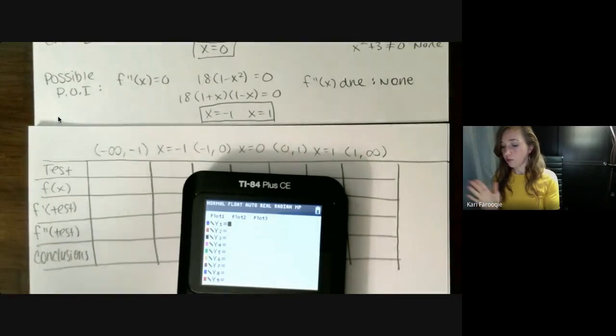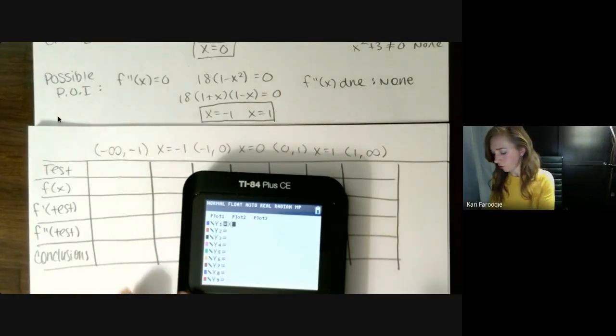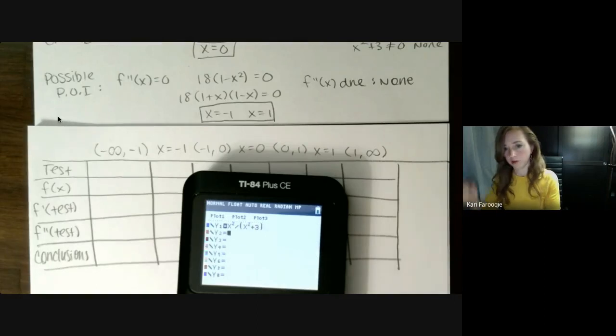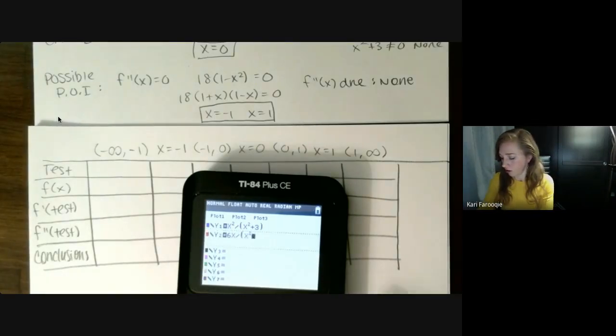I'm going to enter my original function f, my derivative, and my second derivative. So the original function is x squared divided by x squared plus 3. Don't forget your parentheses. My derivative is 6x divided by x squared plus 3 quantity squared.